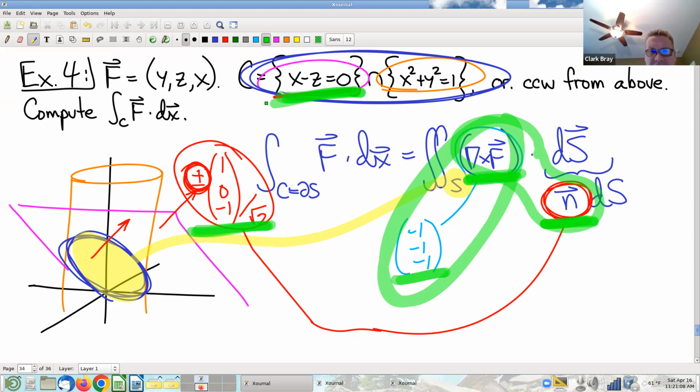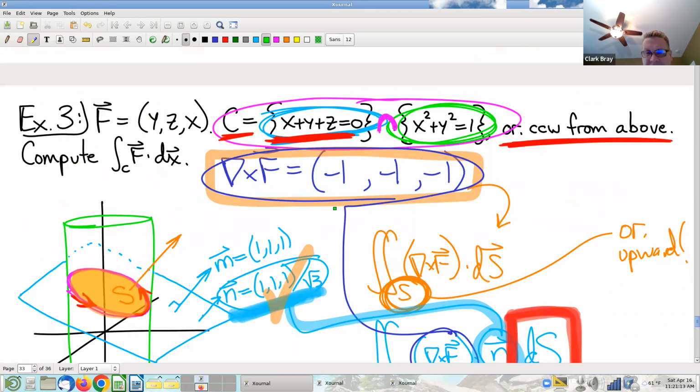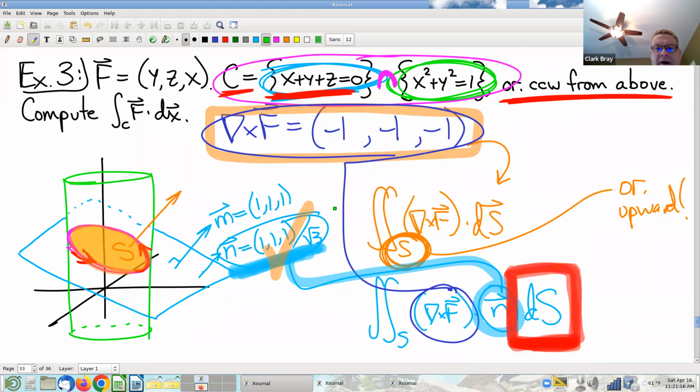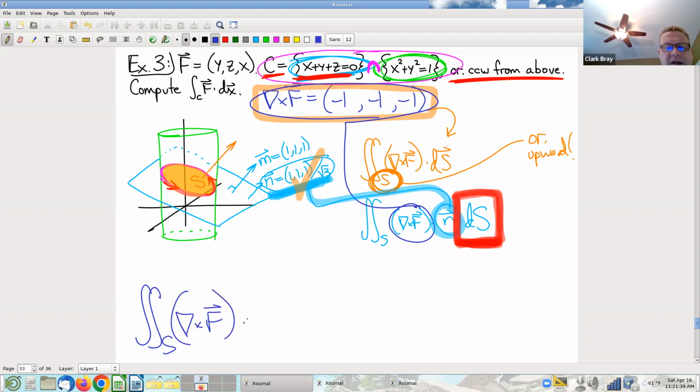It does occur to me one last thing. I am going to go back to example 3 here and say one last thing about it. There's a big mess on the page here. But let me write down that what we agreed on for this question was that the best way to answer it would be to compute the line integral by way of a flux integral of curl dot capital N dS dt.